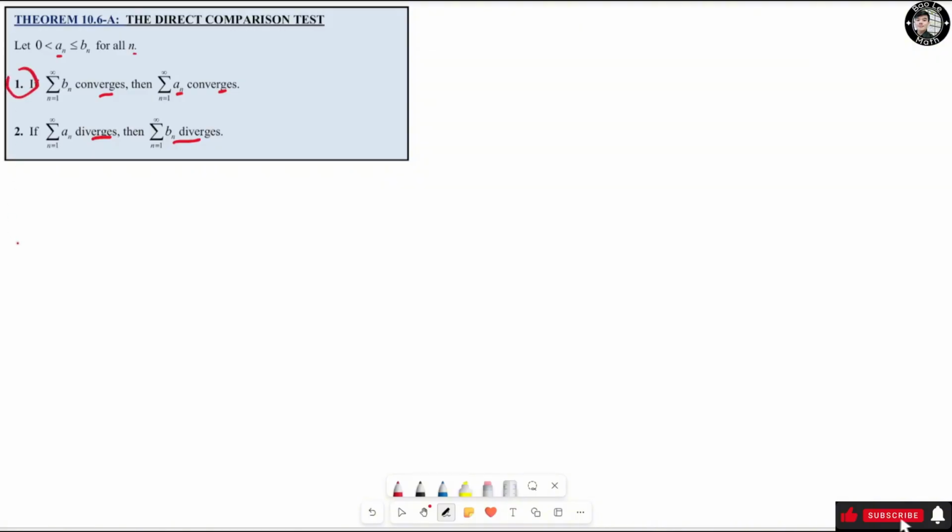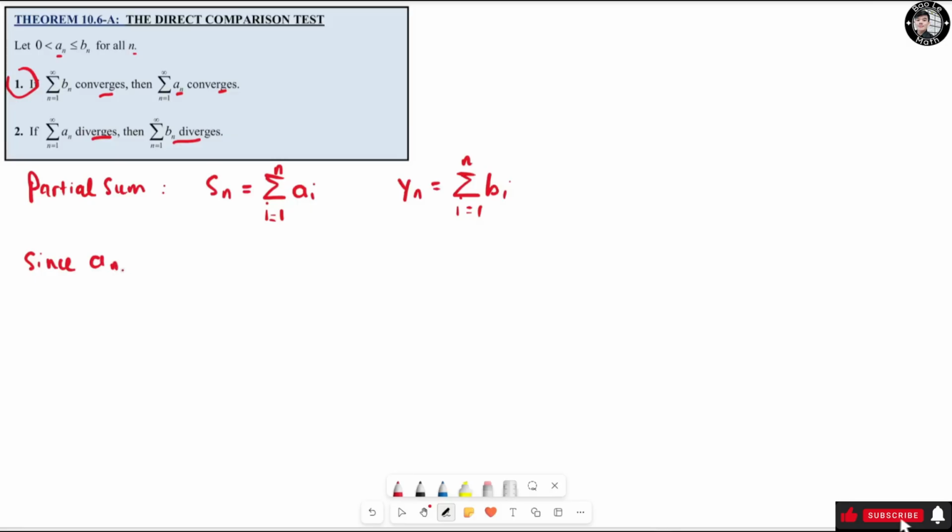So let's start off with the partial sums of each series. Now since a sub n and b sub n are greater than or equal to 0, we have s sub n always less than s sub n plus a sub n plus 1.